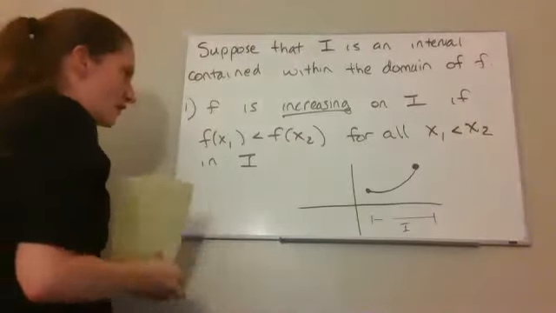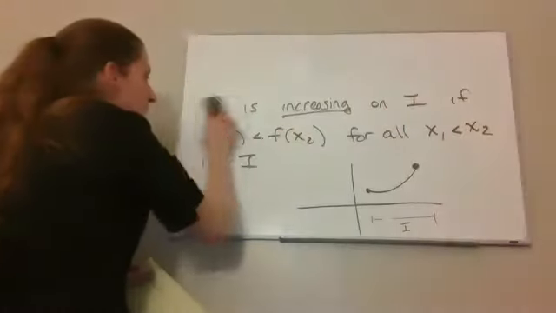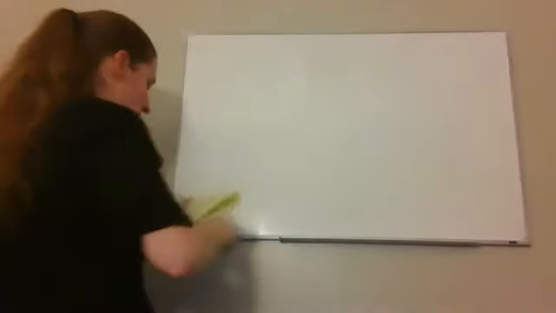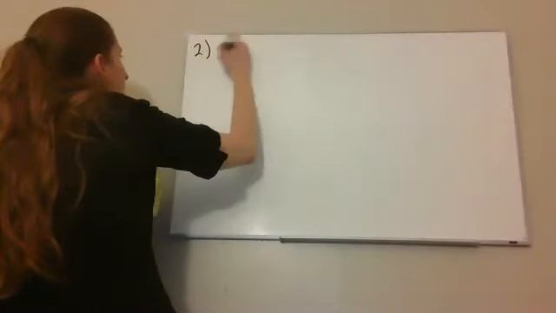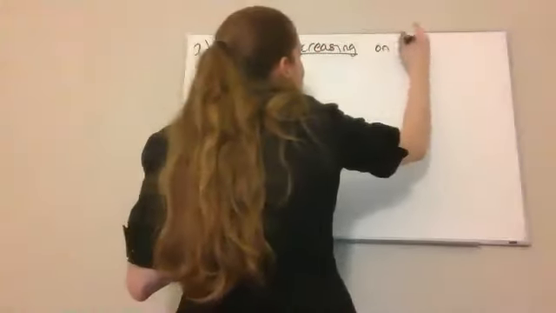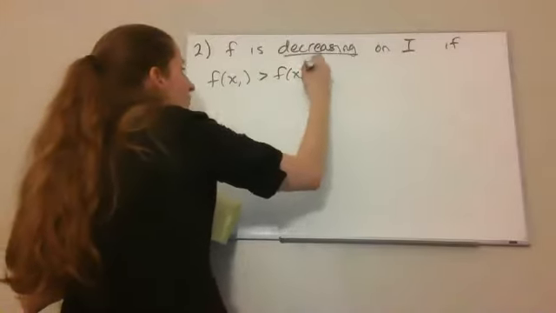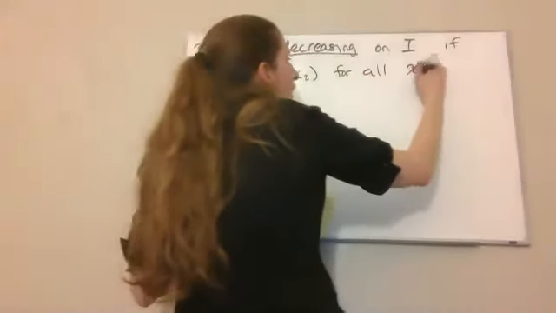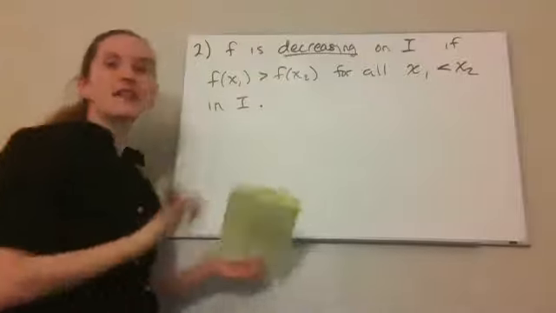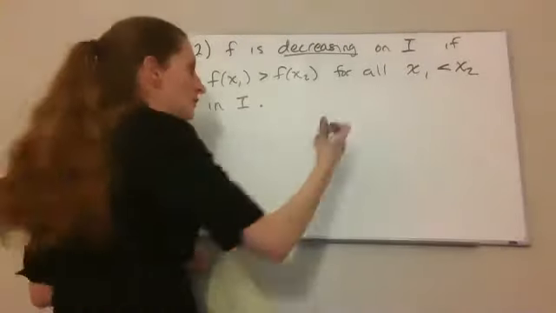We have a similar definition for decreasing. So our function is decreasing on the interval I if f of x1 is greater than f of x2 for all x1 less than x2 in I. And all that this is saying is when you look at the graph of the function and read it from left to right, the graph is going to be going down.